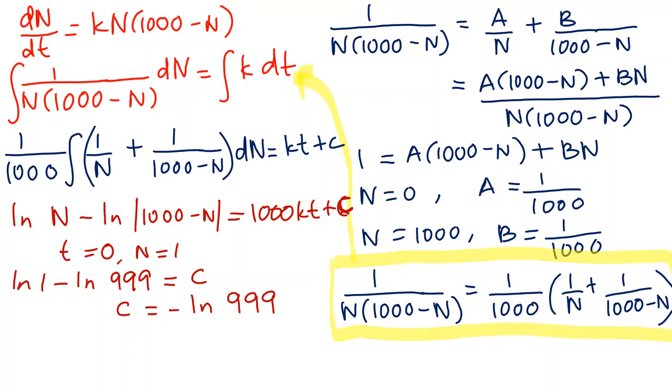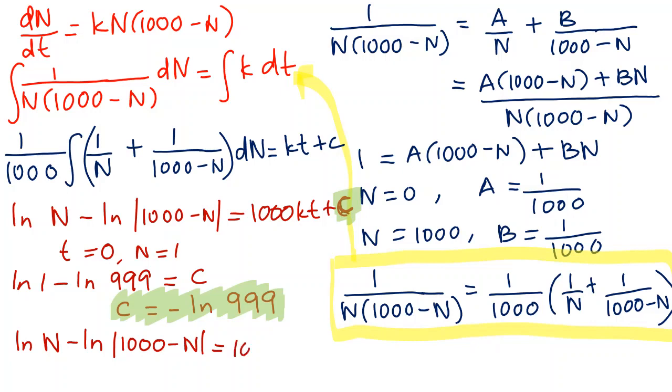Okay, so now the value of c here, you are going to substitute into the equation. So it will become ln n minus ln 1,000 minus n equals 1,000 kt minus ln 999.